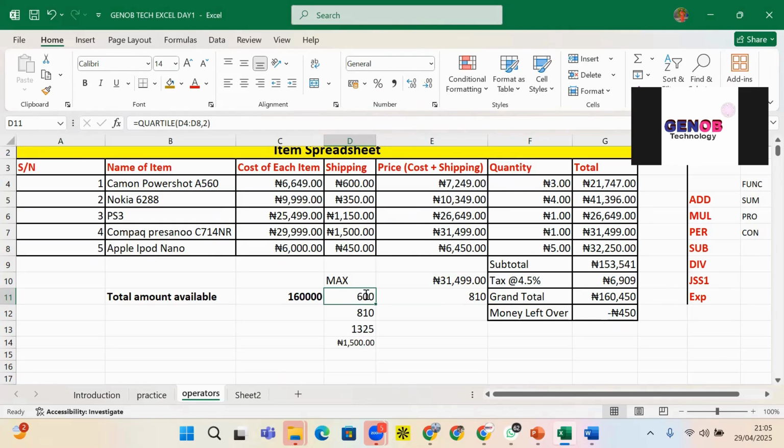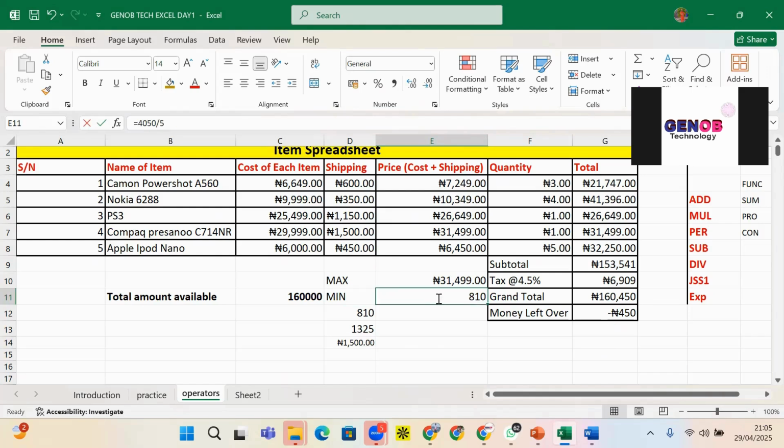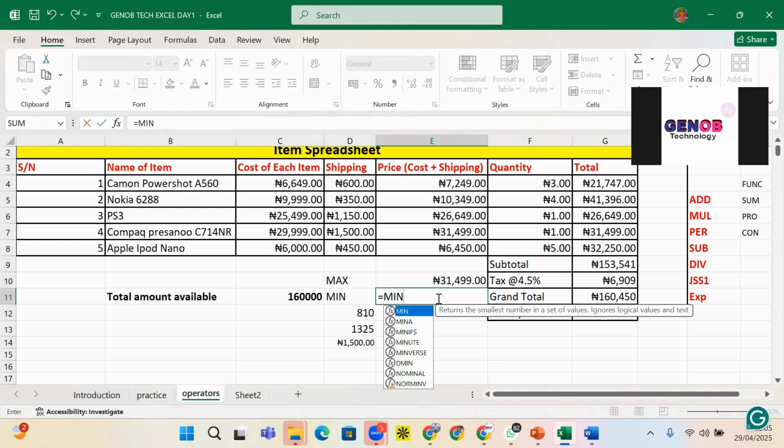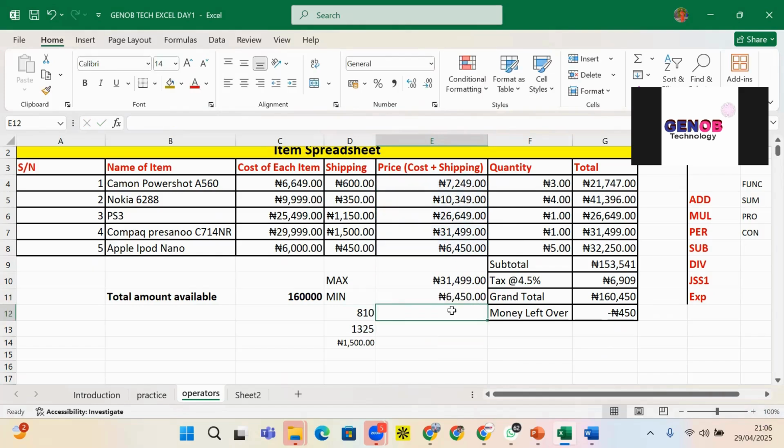I want to look for the minimum amount. The function is min. I say equal to min, bracket, E4 to E8. I close my bracket. It will look for the minimum amount for me, which is 6,450.